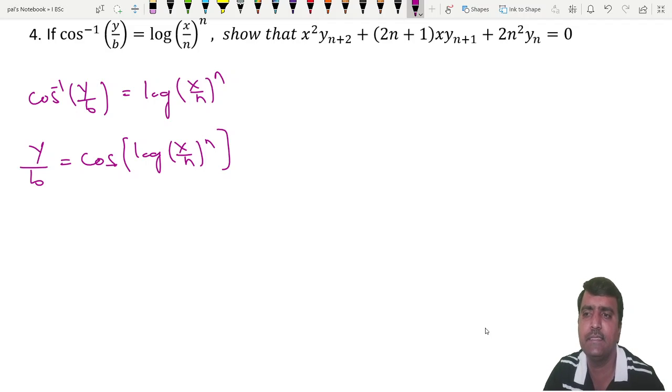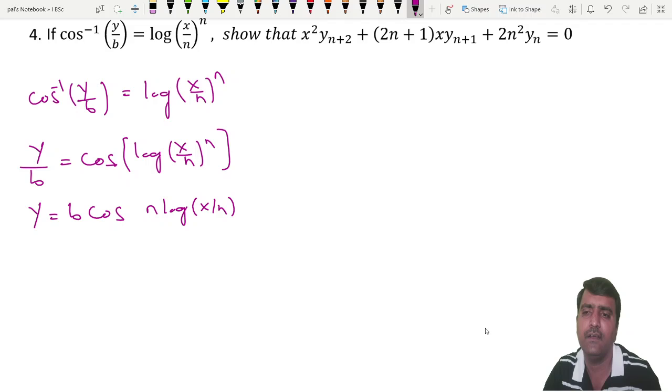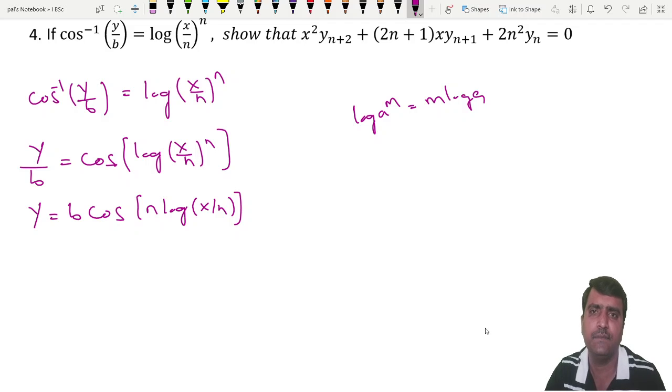Bringing b to the right-hand side, y is equal to b cos of n log of x by n, because log a to the power m can be written as m log a. The given value is n; they may change that value, instead of n they may give m, whatever it is. Call this equation 1.